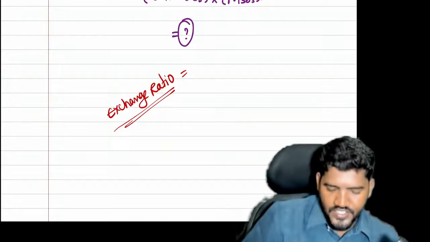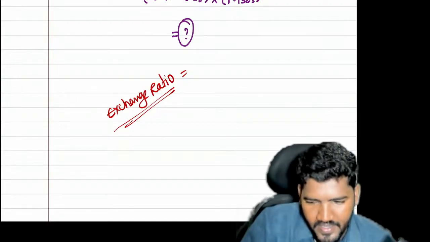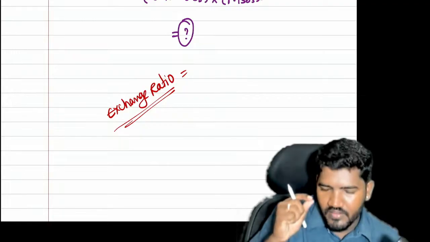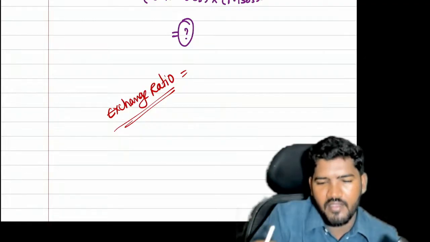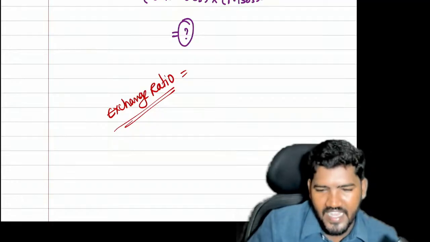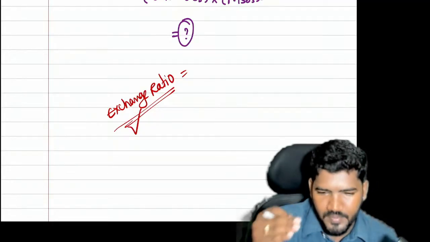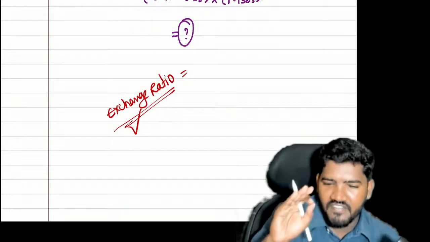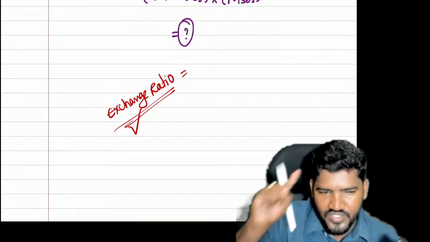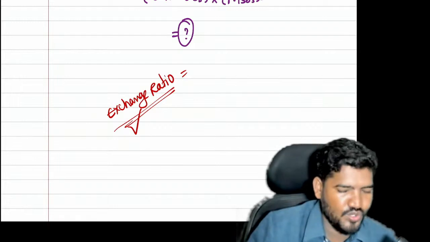Exchange ratio means, at the time of purchase or sale of the company, how many shares the purchaser will give to the selling company on the occasion of merger or acquisition. That calculation is known as exchange ratio.